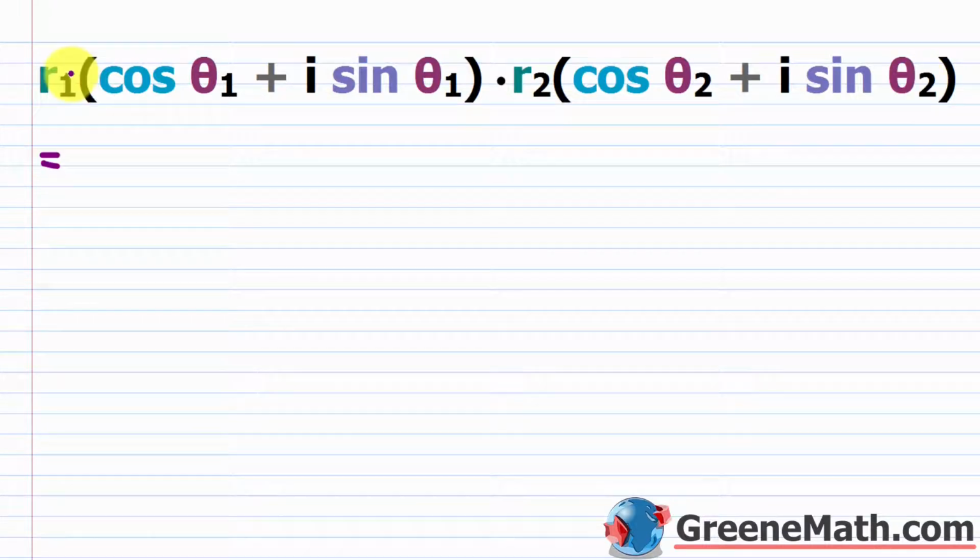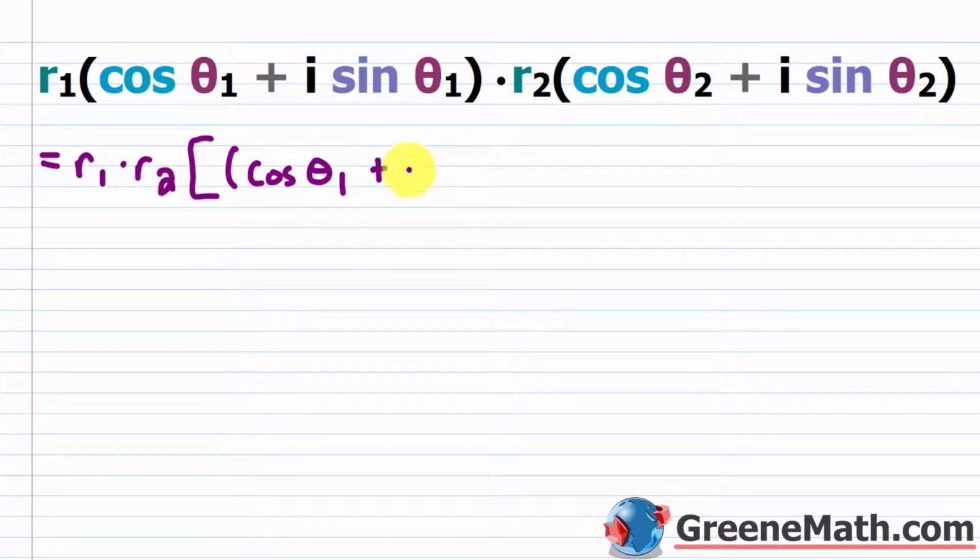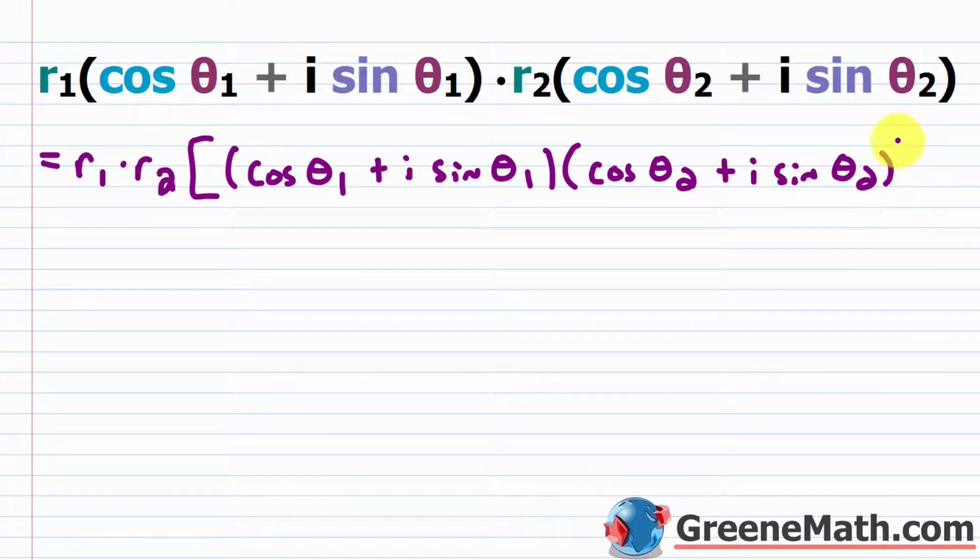So I'm going to start out by multiplying r sub 1 times r sub 2, then set up some brackets and put these two inside: the cosine of theta sub 1 plus i times the sine of theta sub 1, and then the cosine of theta sub 2 plus i times the sine of theta sub 2. All we're going to be doing is FOIL, nothing fancy here.